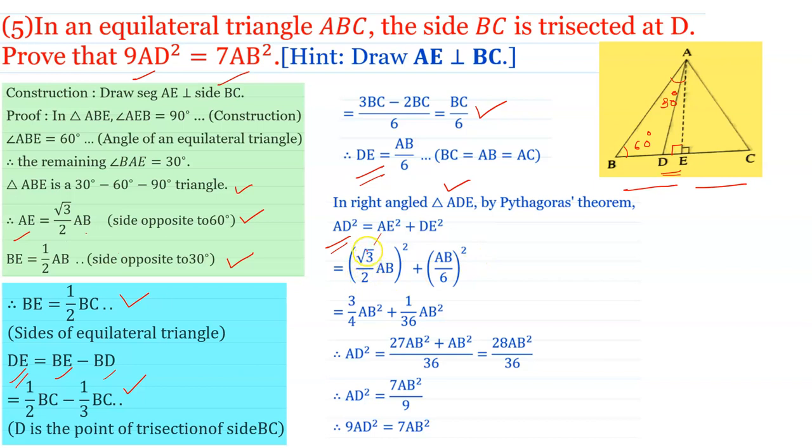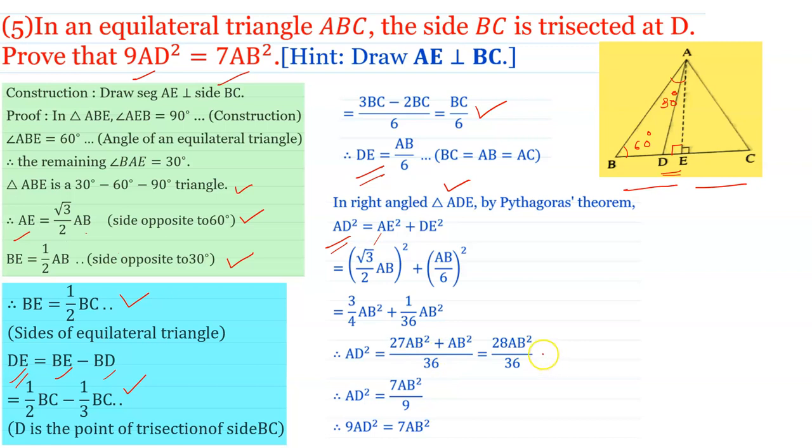Squaring root 3 by 2 gives 3 by 4 AB square, and AB upon 6 squared gives 1 by 36 AB square. Then we simplify. Taking the LCM, we multiply the numerator by 9, that is 27 AB square plus AB square upon 36.